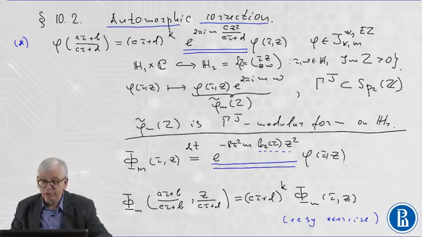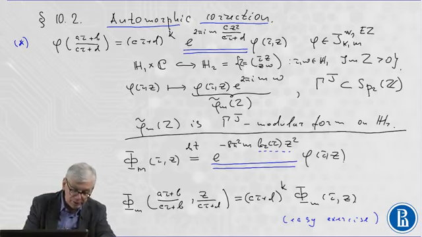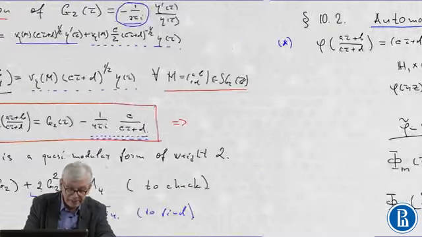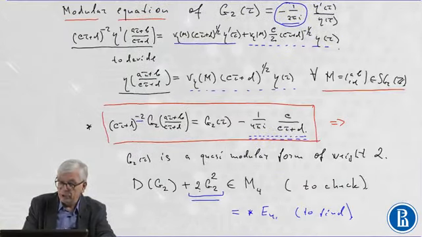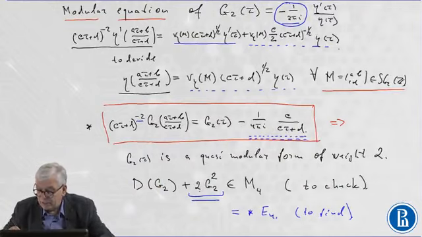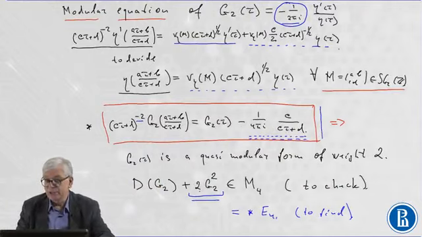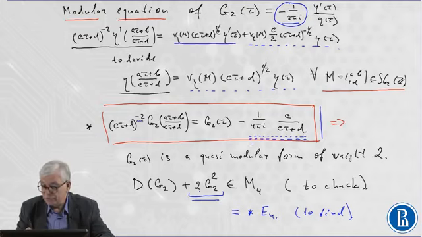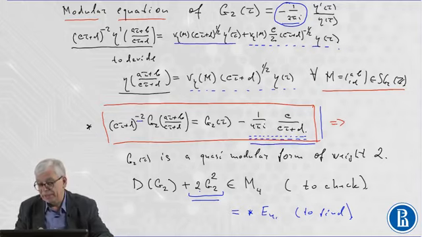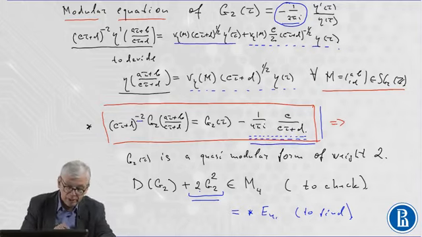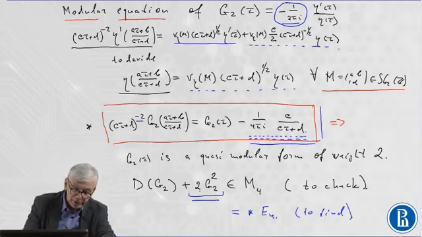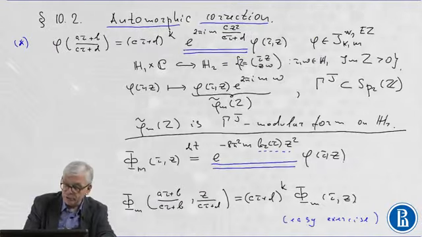You will have no difficulties proving it. You have to use only the quasi-modular property of the quasi-modular Eisenstein series G2. Exactly this additional term cancels the exponential automorphic factor in the modular equation of Jacobi form.